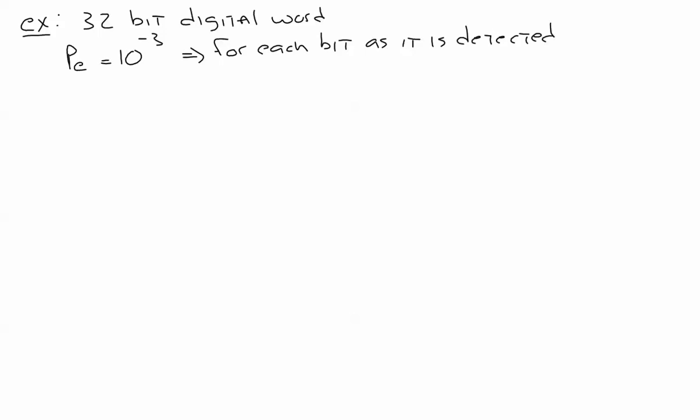In other words, as I'm detecting the individual bits in my digital words, each bit has a chance of 1 in 1,000 of being detected in error. And what I'm asking myself first is, what is the probability that when I detect 32 bits in a row, exactly 1 is in error?